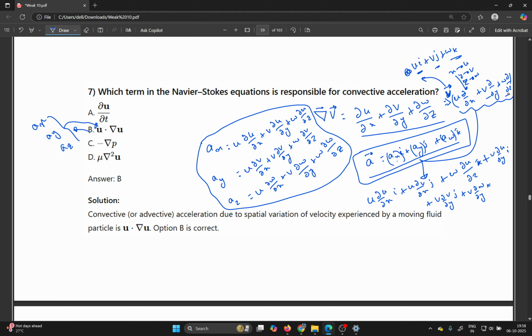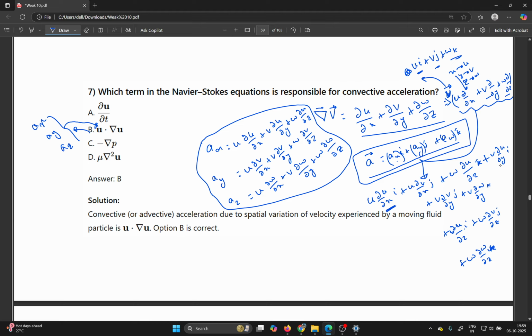Then again with this term you need to multiply all three: w del by del z ui, plus w del by del z vj, plus w del by del z wk.